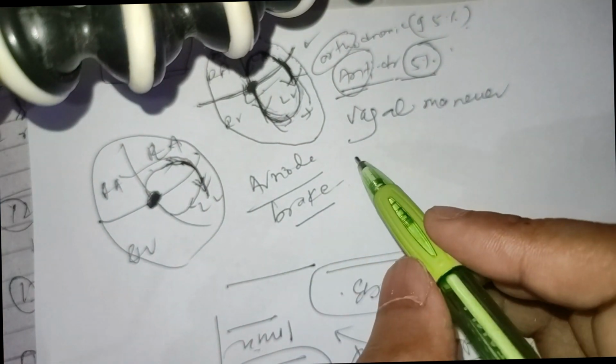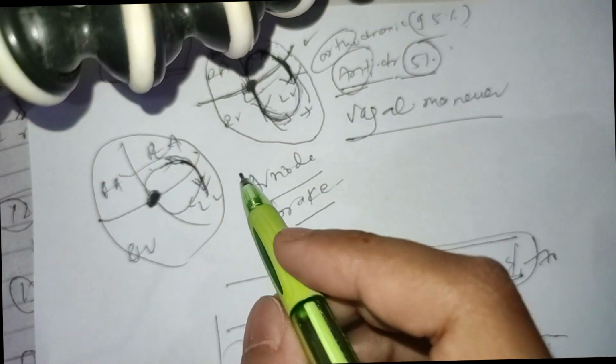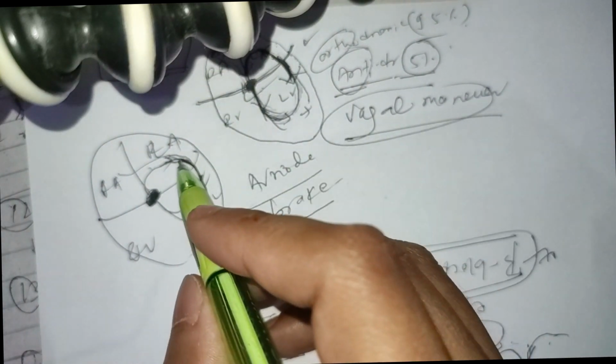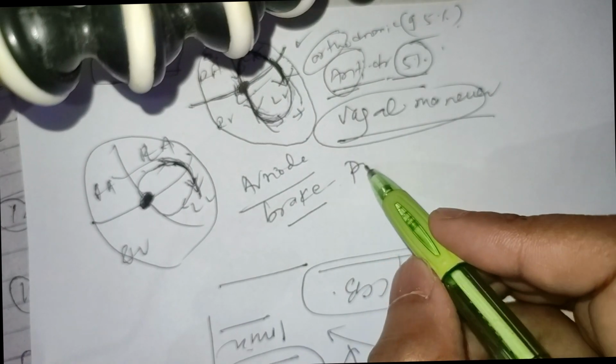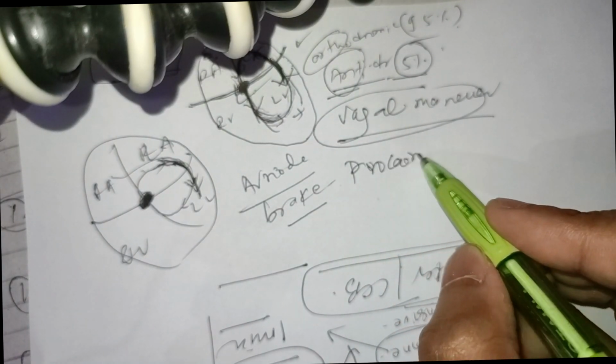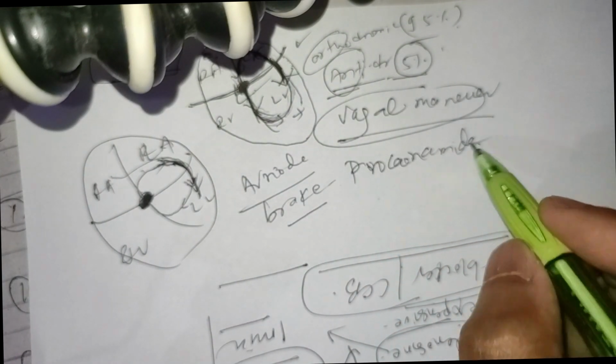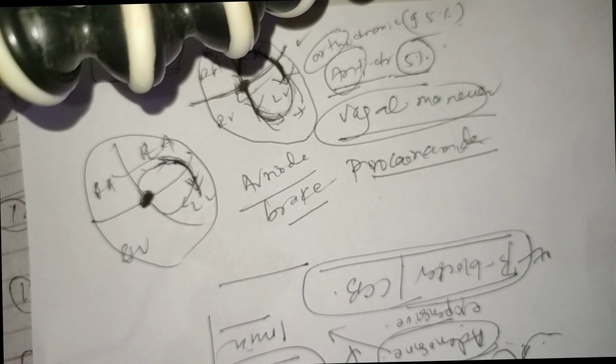So we do not give beta blocker, calcium channel blocker, or do vagal maneuvers in antidromic AV reciprocating tachycardia. We can use antiarrhythmic drugs like procainamide, amiodarone. I have discussed these antiarrhythmic drugs, different classes, in another video. You can check if you want to know more about that.